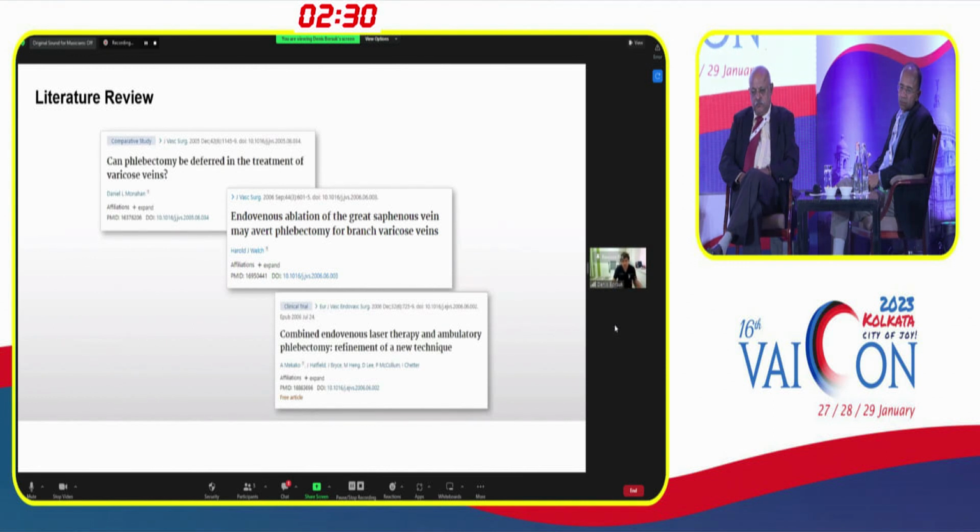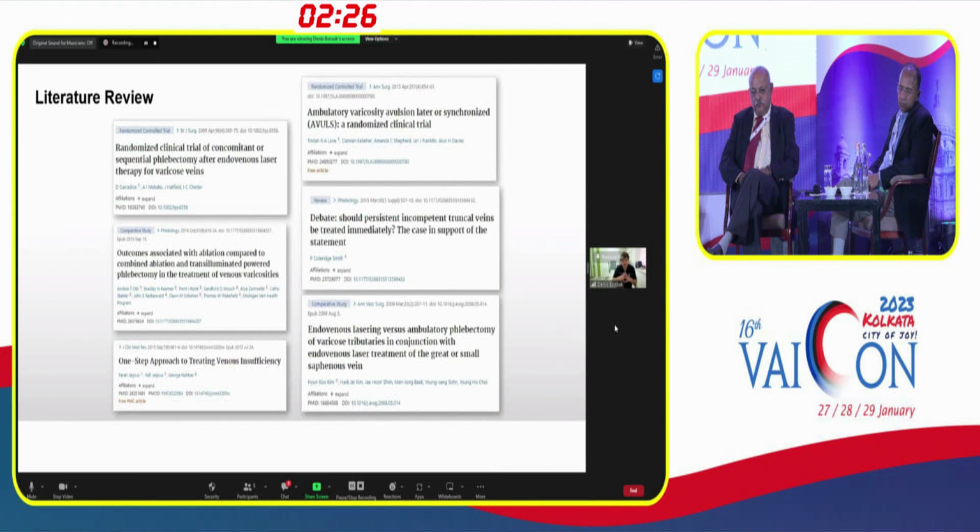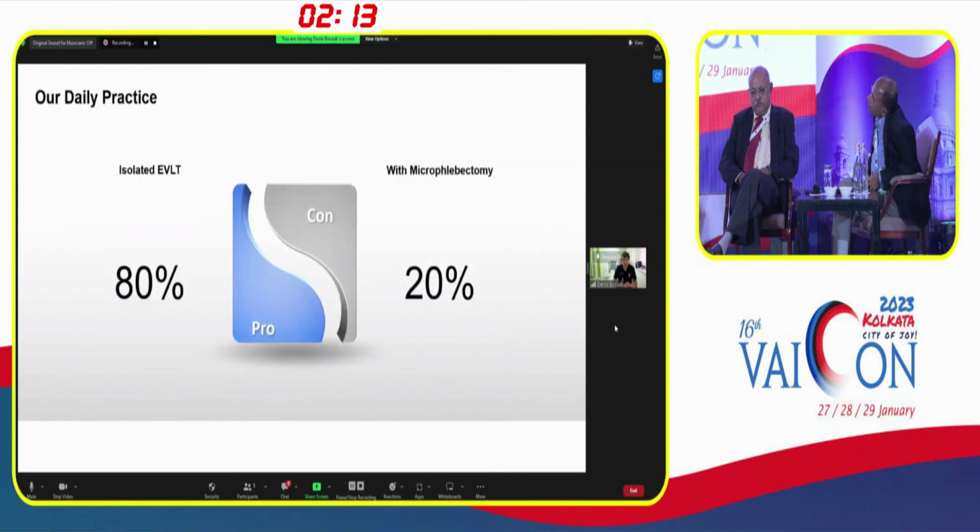The biggest problem of the literature is that in all of the studies, doctors tried just to compare simultaneous treatment and delayed treatment, and they included all of the patients. But in our clinical daily practice, we use this tactic only in 80%. In case of, for example, huge tributary diameter or something else, we use microphlebectomy simultaneously.